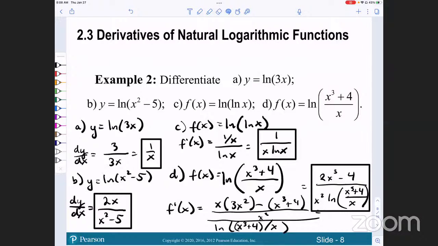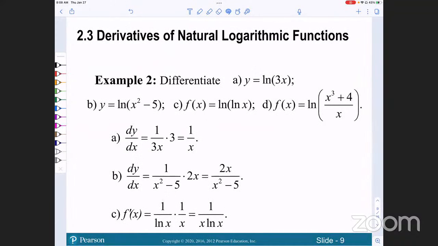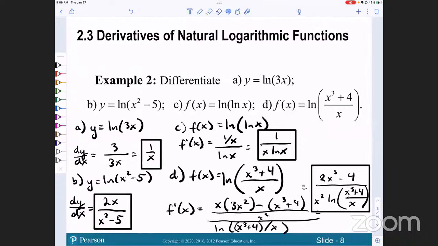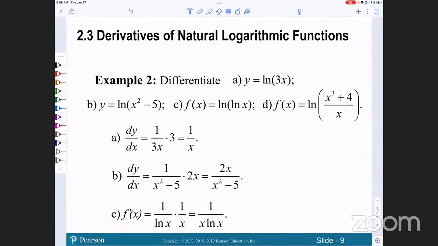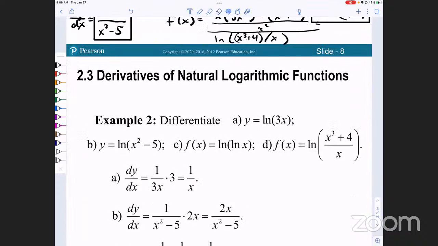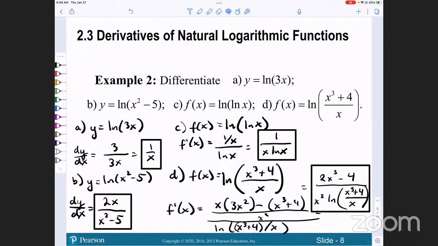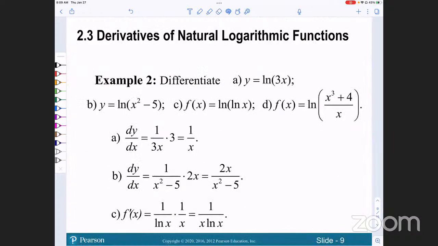Let's see, how do we do? So for part A, we got 1 over x. For part B, we got 2x over x squared minus 5. For part C, we got 1 over x natural log of x. And then the final one, 2 minus 4 over x squared times the natural log of the original.